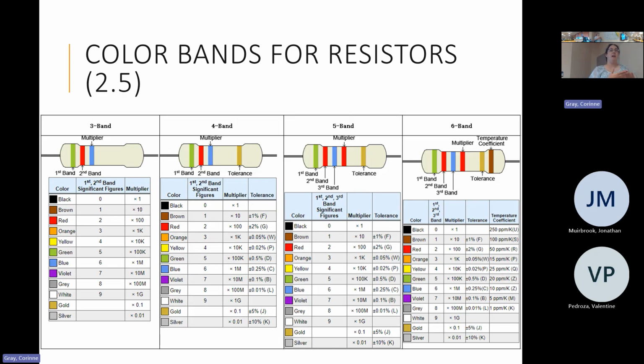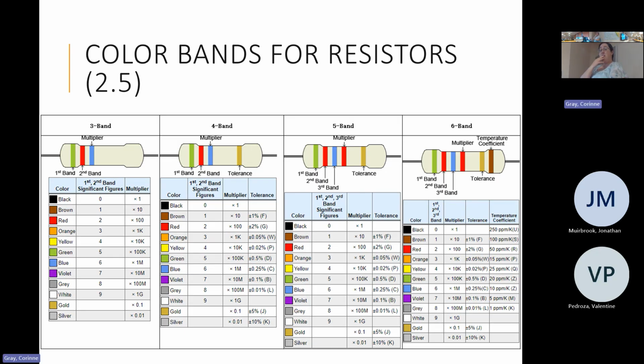Like that tolerance, as it gets hotter and hotter, tends to start spreading more for cheaper resistors. So when you're dealing with the ones that have the tolerance band on there, they're saying it should be within that percentage up until basically they tell you it's not supposed to work. Then if you look at the 6 band one, that does have a temperature band on there in addition to that.